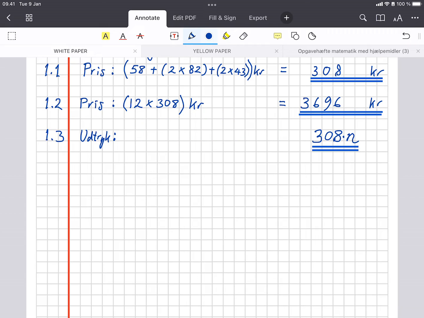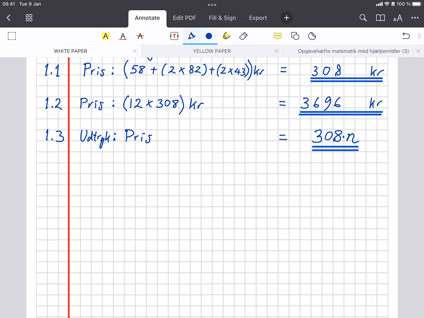I was thinking of writing something like, in fact, maybe I will write something like price equals 308 times N. Yeah, I'm a little bit more satisfied with the way I've laid that out. Okay, so 308 times N was that one.